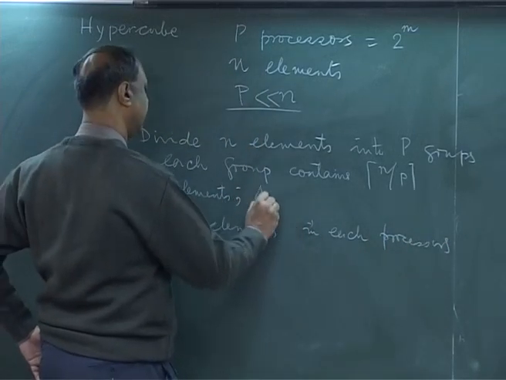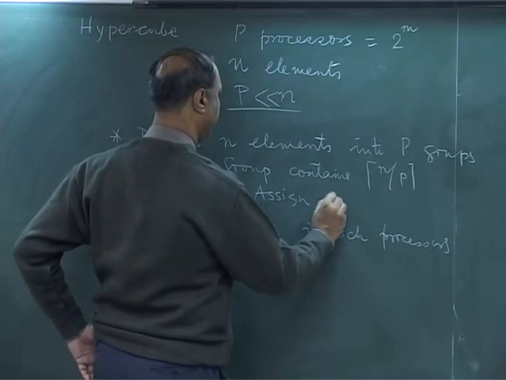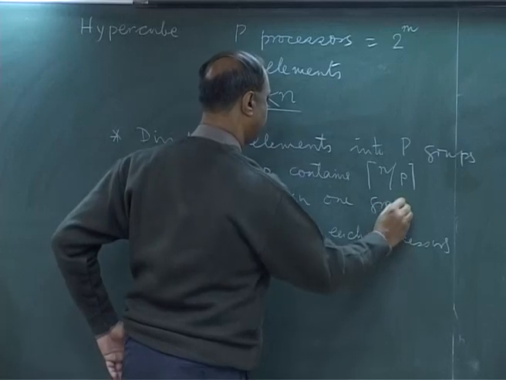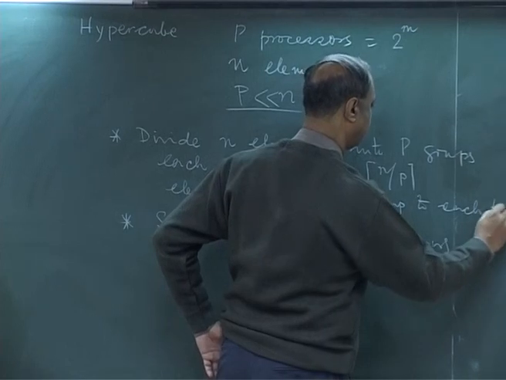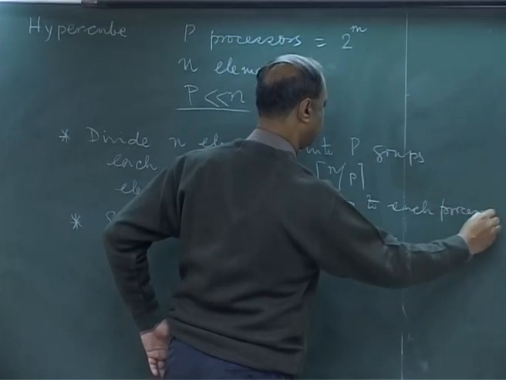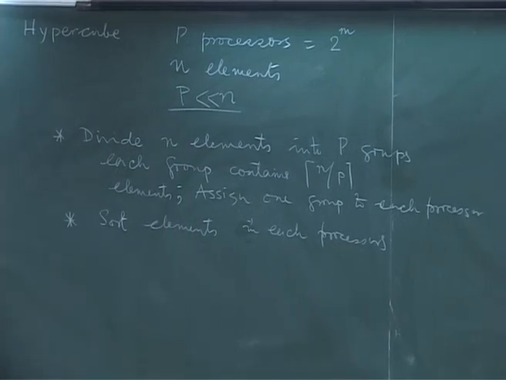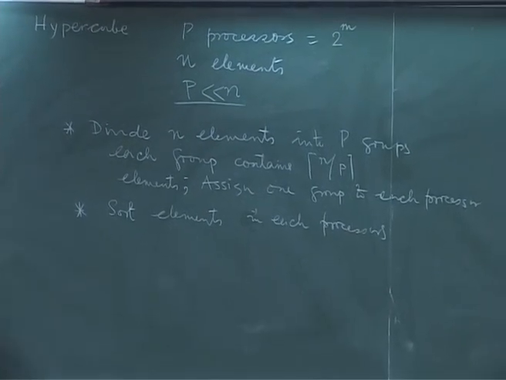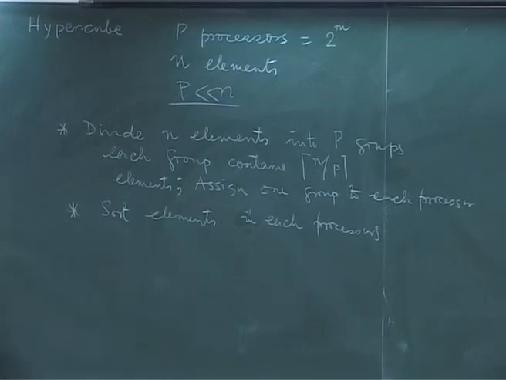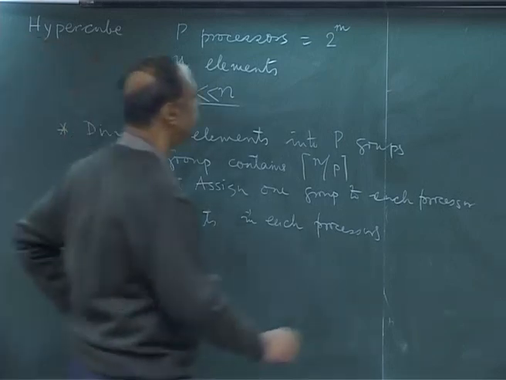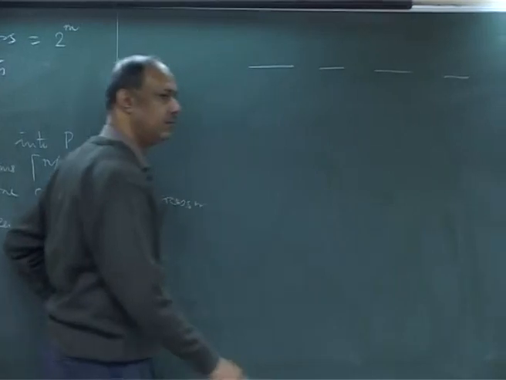So, assign one group to each process. Then you told that sort elements in each group by each processor, right? Then you have got that this is sorted, and so on.